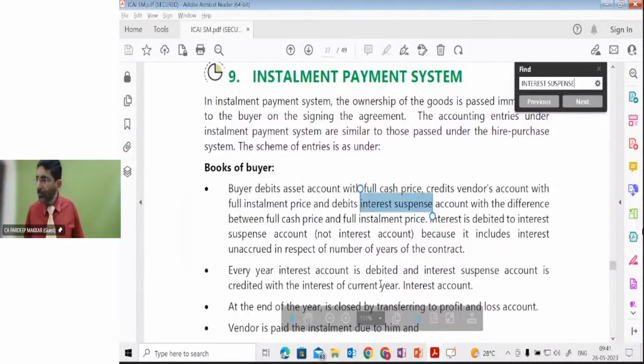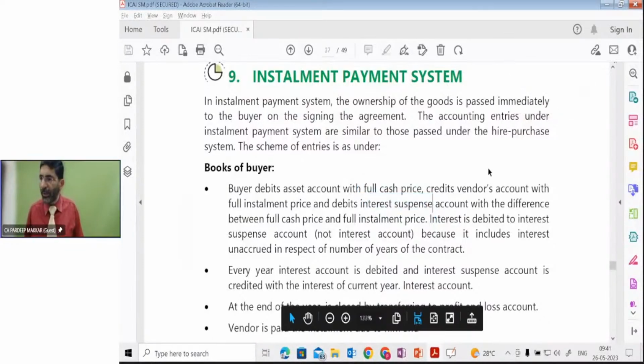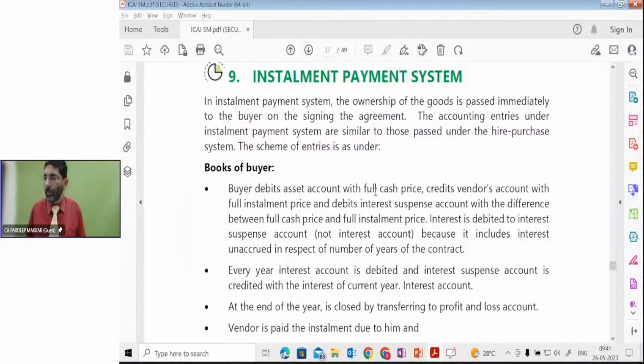This is given in your module also, installment payment method. In this case, the buyer debits the asset account with full cash price, as we are doing in the other case, and credits the vendor's account with the full installment price, and debits the interest suspense account with the difference between cash price and the installment price.